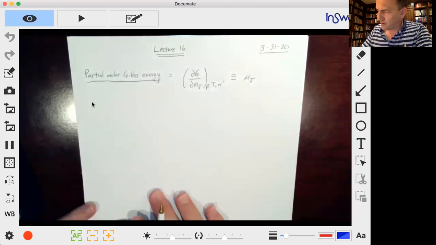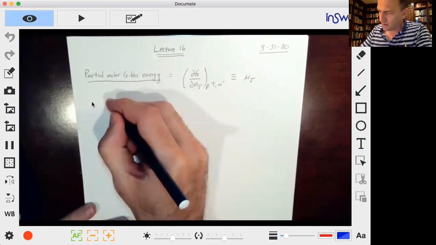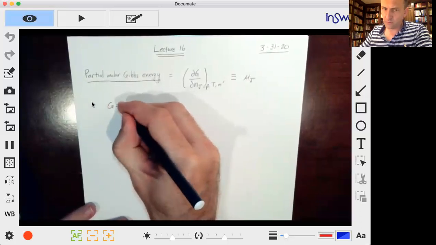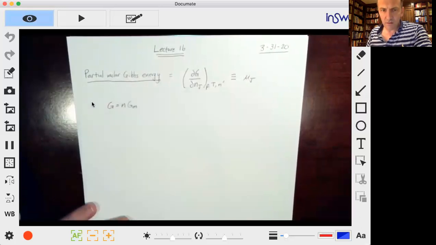So I can write the Gibbs energy of a pure substance as equaling the number of moles times the Gibbs energy per mole, the molar Gibbs energy. And that's for a pure substance.